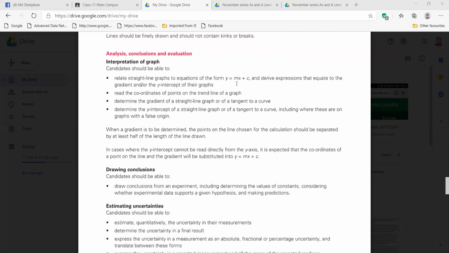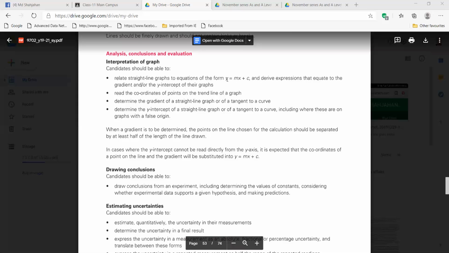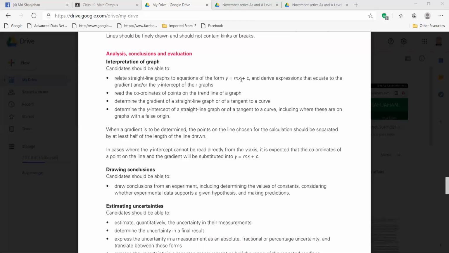Yeah, m is the gradient, y is the variable, any value on the y-axis, and x is the x coordinate value, right?